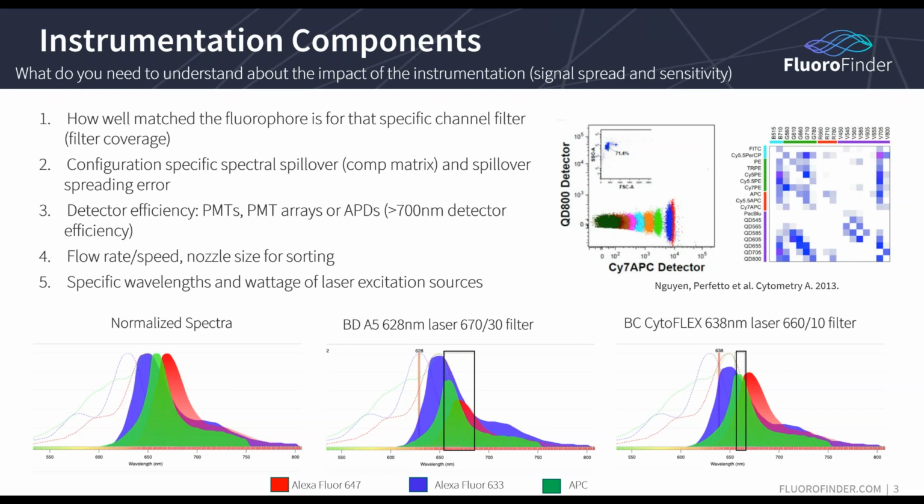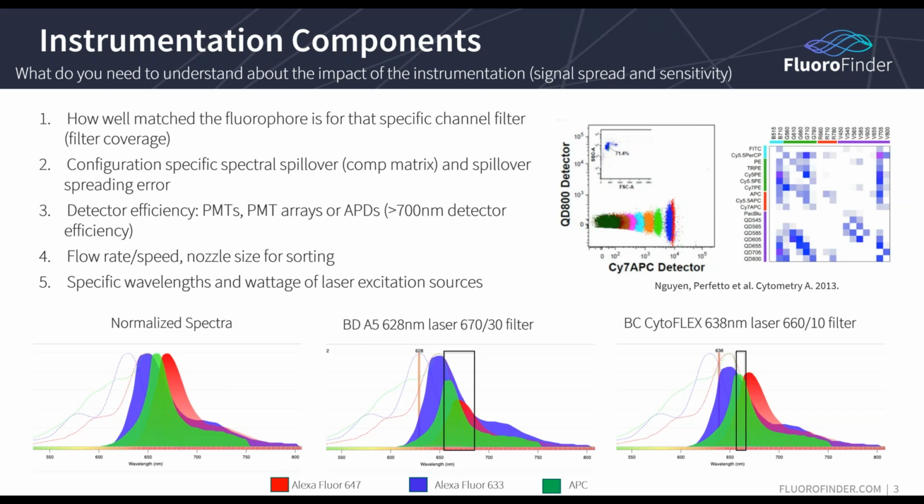So in multicolor, it's pretty easy to build a panel that's below 10 parameters. Above 10 to 12 parameters, you start to have factors like this that will impact your ability to build a good assay. Just other instrumentation components, whether you're using PMTs, APDs, PMT arrays.